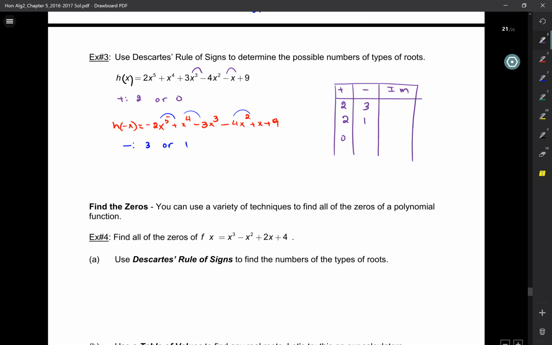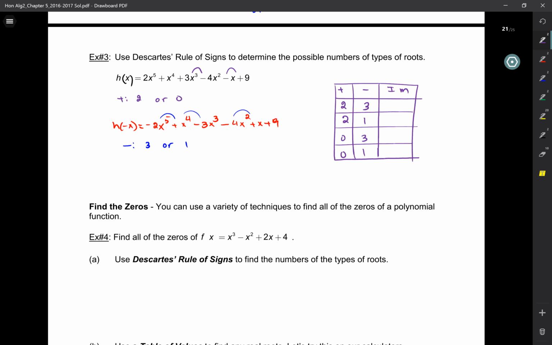Or it's either 0 with 3, 0 with 1. Now, you have to take 1 purple with each of the blue.